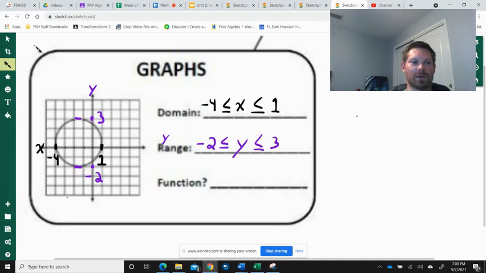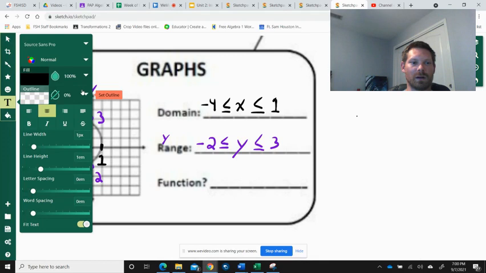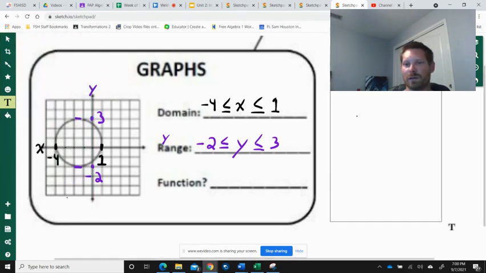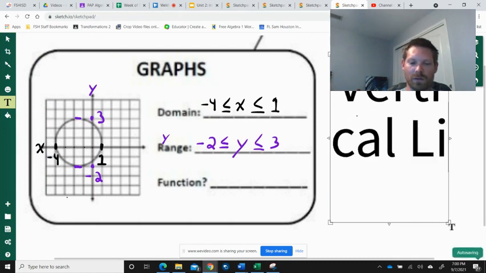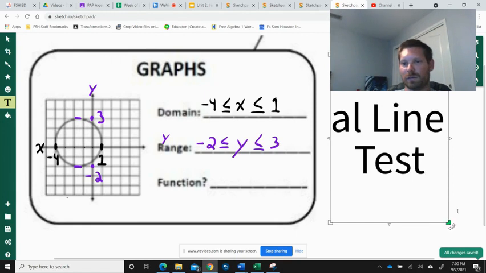Now, to find a function on a graph, maybe some of you have heard of this: the vertical line test.